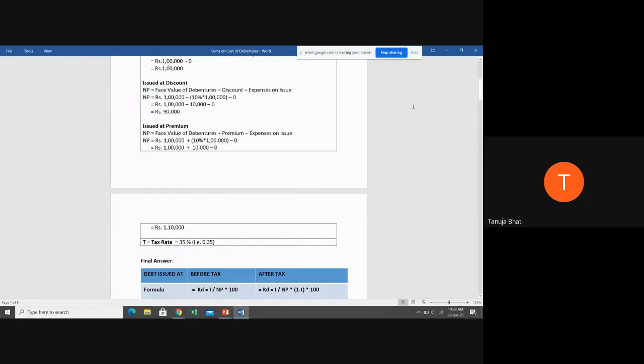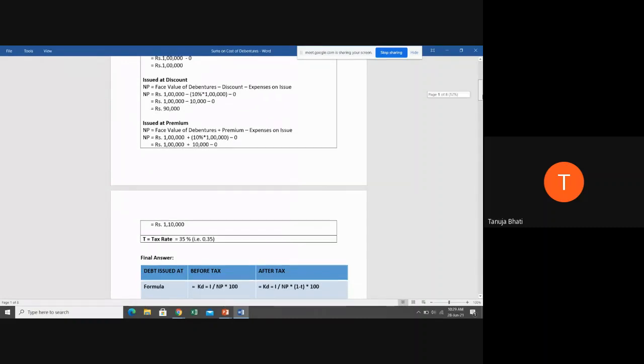Can anyone tell me 1 minus 35%, what is the value going to be? 0.65. Because 35% is denoted by 0.35. So 1 minus 0.35 is nothing but 0.65.